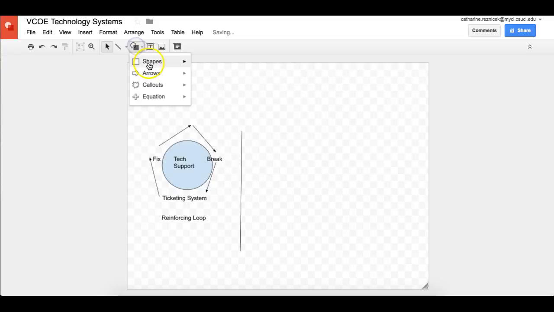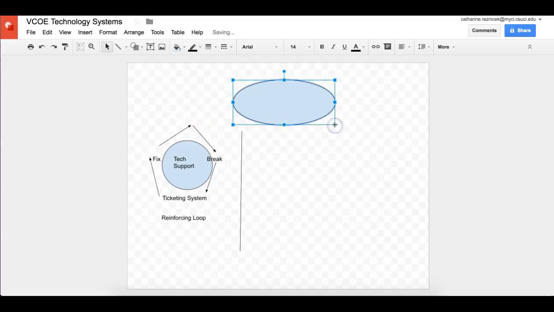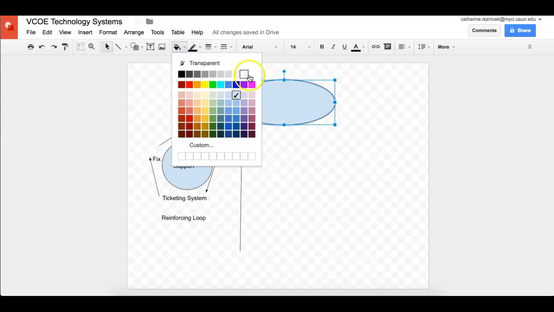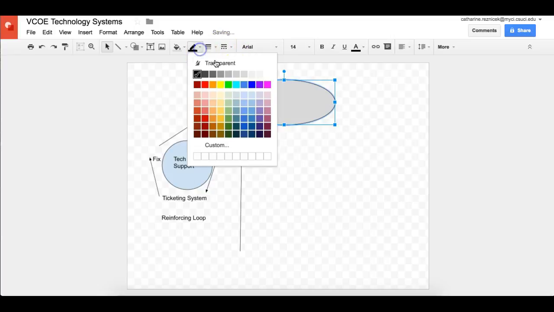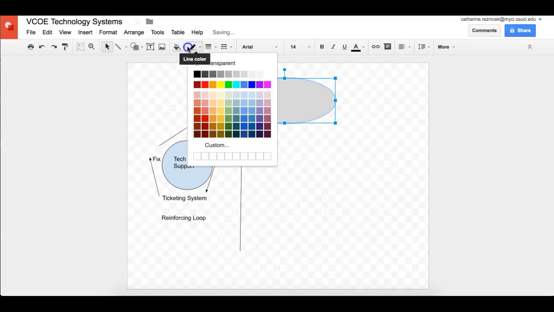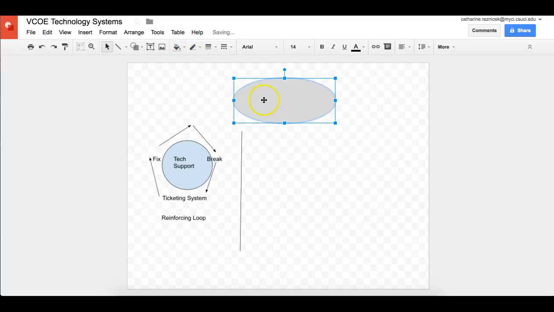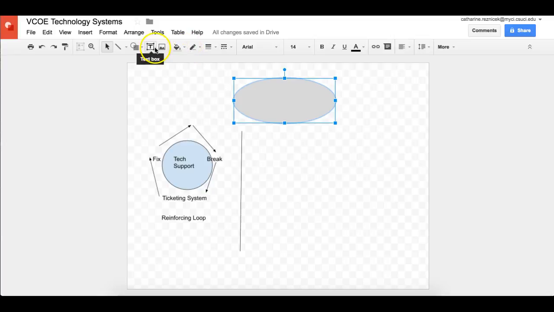And then what I see also in our VCOE technology systems is, as I see up here, and let me go ahead and make this transparent this time. Okay, it doesn't want to, so that's cool.